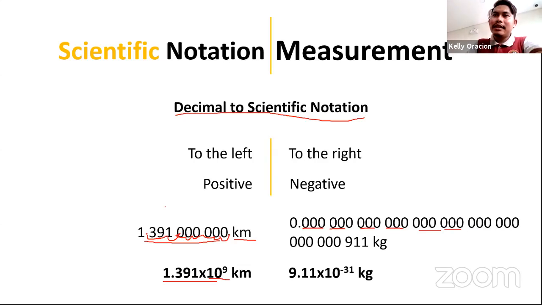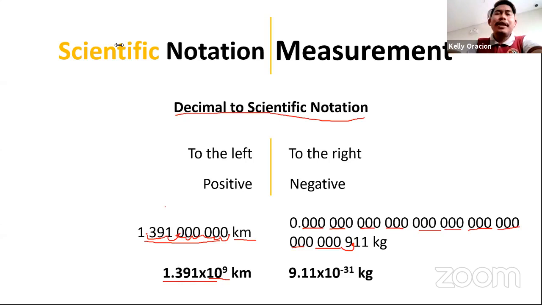Next, 18, 21, 24. Then 27, 30. Dito pa lang is 30 zeros na, 30 moves na tayo. Now, if we're going to extend another one, or decimal point, that makes our answer 9.11.